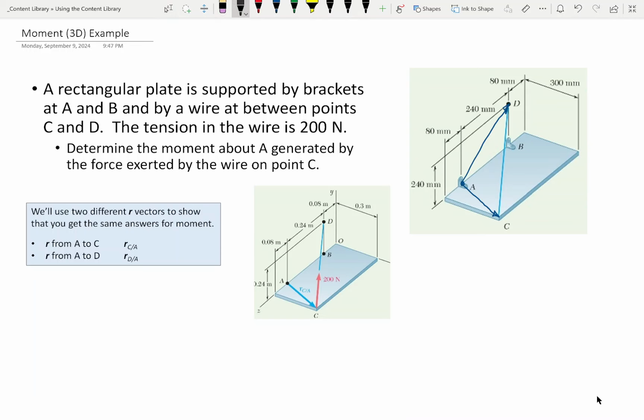Now, we're getting into a lot of 3D land. So I'm going to propose maybe a slightly different way of handling 3D.